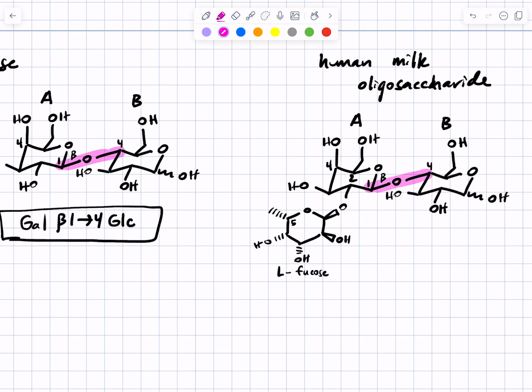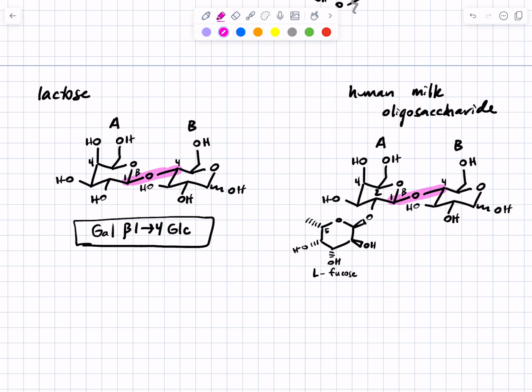When you were an infant, you needed to be able to digest that, and so you have an enzyme called beta galactosidase that hydrolyzes the beta glycosidic linkage between galactose and glucose. And so you were happy as an infant, you got nutrition.